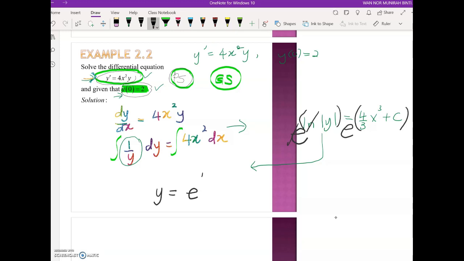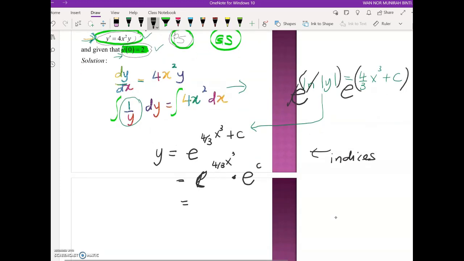We have exponent 4 over 3 x cubed plus c. This is equivalent to exponent 4 over 3 x cubed times exponent c, right? We already learned this during secondary school or high school, in the topic of logarithm indices.